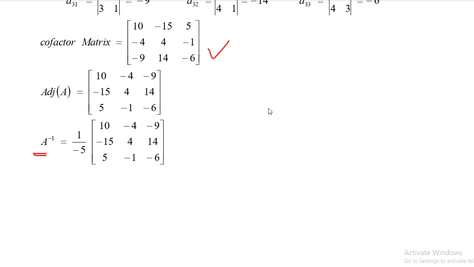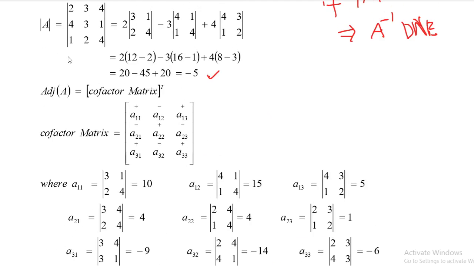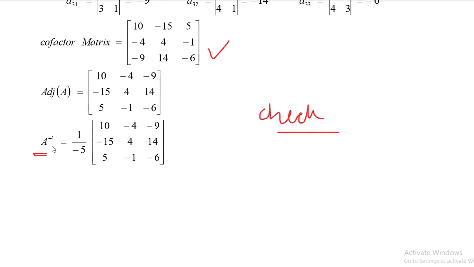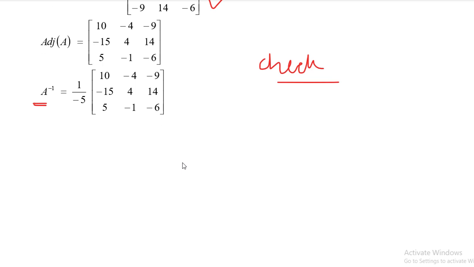And again you can check this inverse by multiplying your A with this A inverse. You should get the identity matrix: 1 0 0, 0 1 0 and 0 0 1. It's a good thing to check. If there is any mistake, you will see.